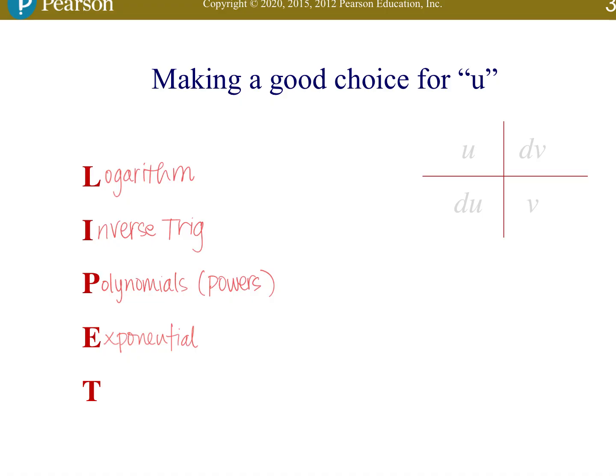And then your last choice, if nothing else works, you'd use the trig function. And so these are what you choose to go here in the U spot. And everything else that wasn't chosen is left to be your dv dx.